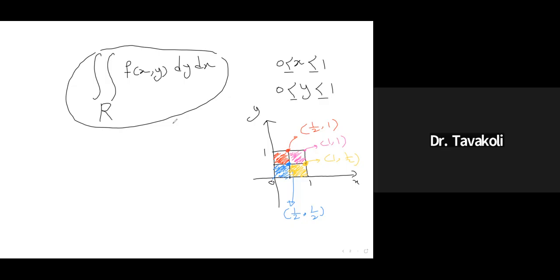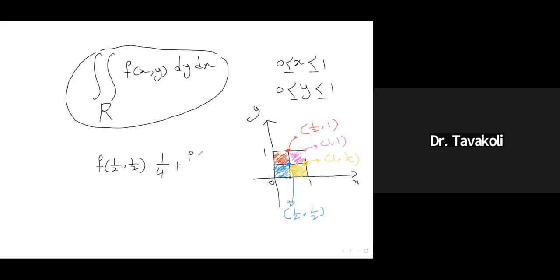For the first square, I have f of (1/2, 1/2), the value of f at that point, multiplied by the area of that square. Obviously, the area of that square is 1/4 because each side is 1/2. Then add it to the second one.